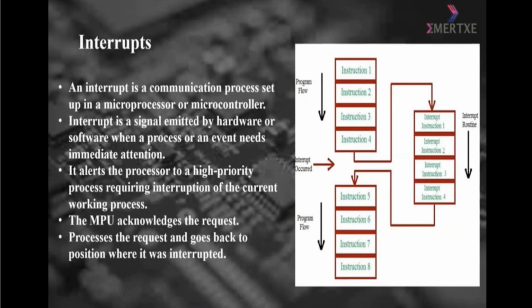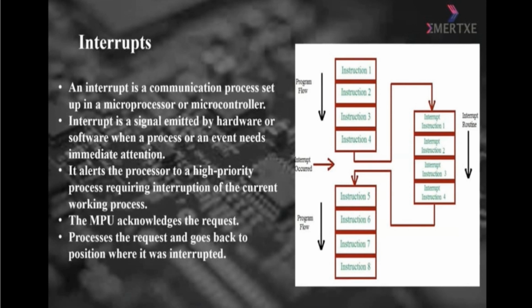Let me explain interrupts. An interrupt is a communication process set up in a microprocessor or microcontroller, and it is a deviation from the present execution of a program or any work. An interrupt is a signal emitted by hardware or software when a process or an event needs immediate attention.